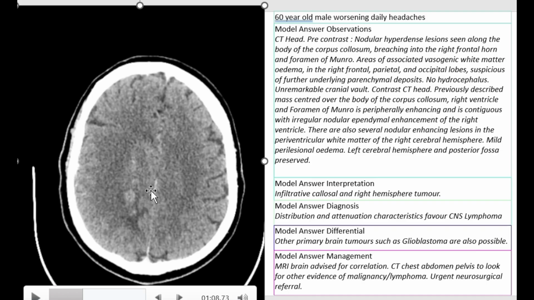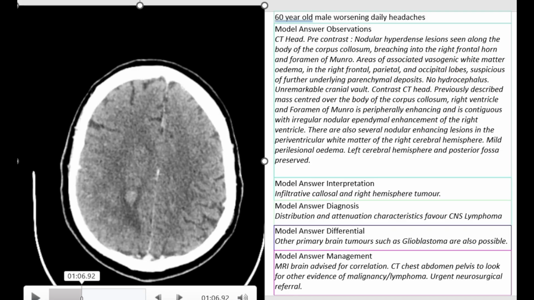There are further enhancing lesions seen in the suspicious white matter areas of vasogenic edema.